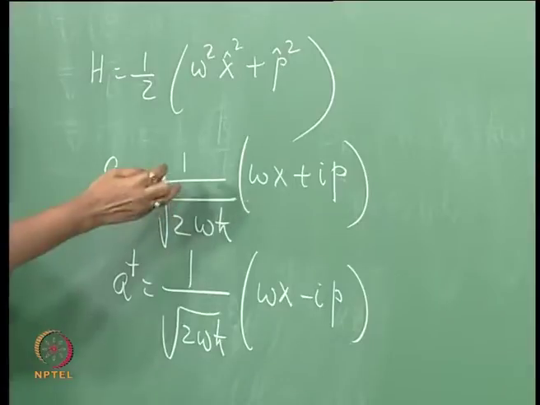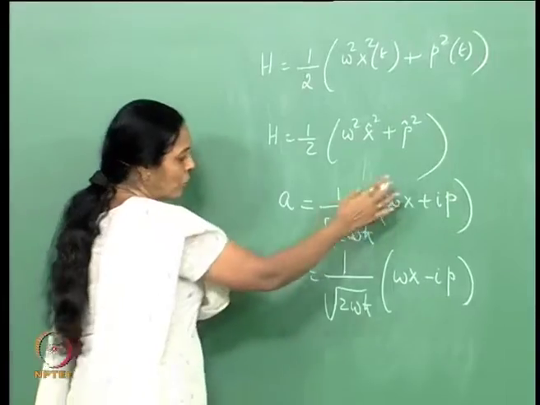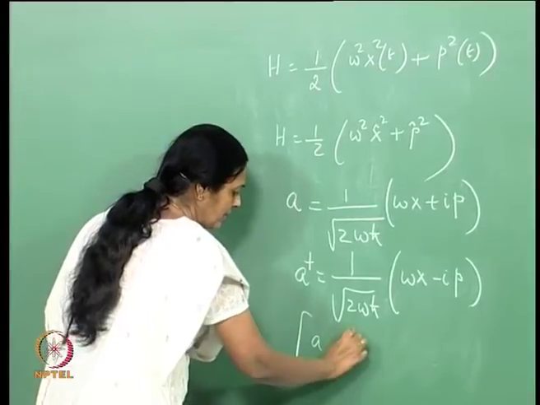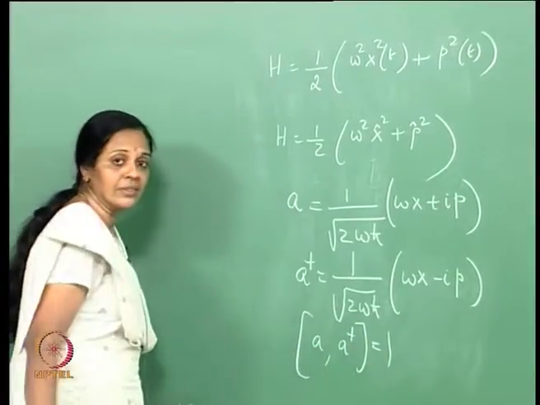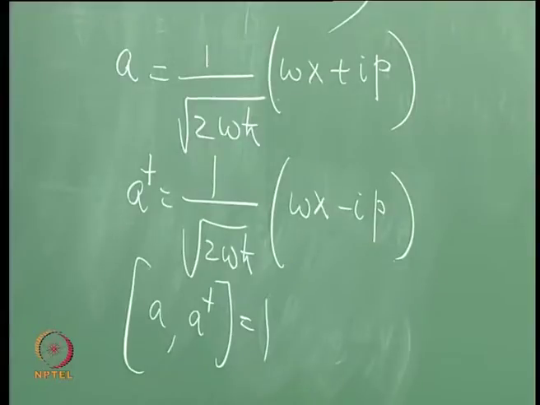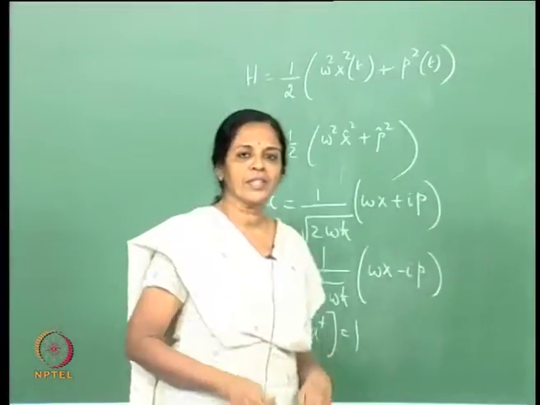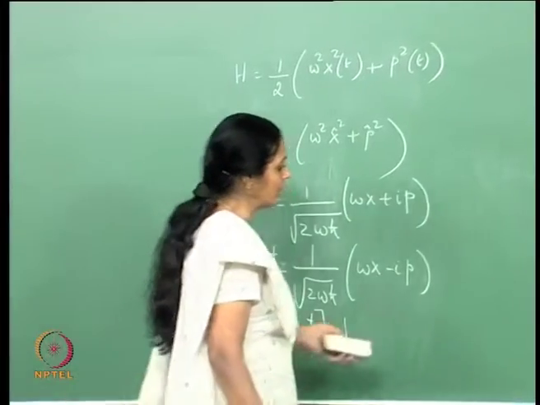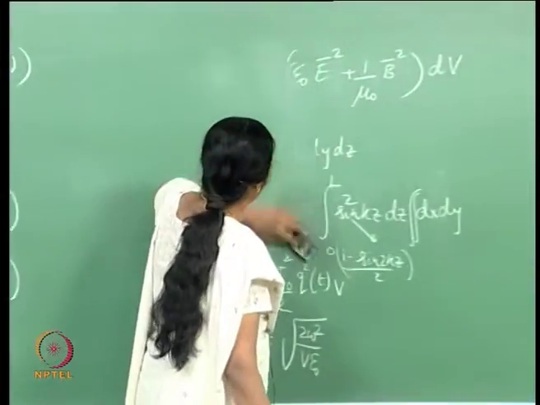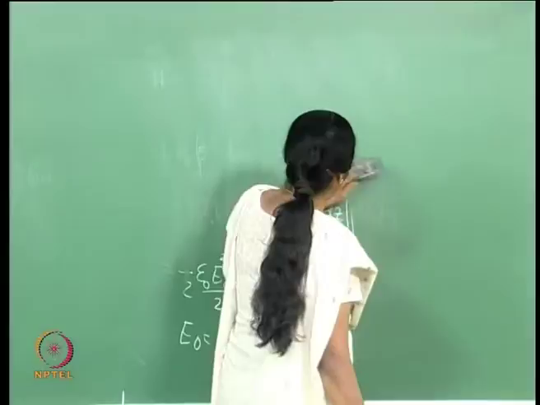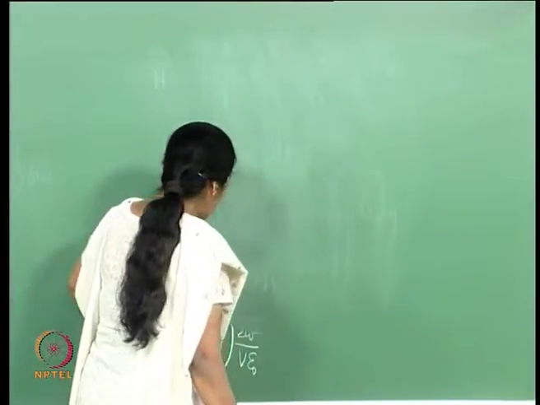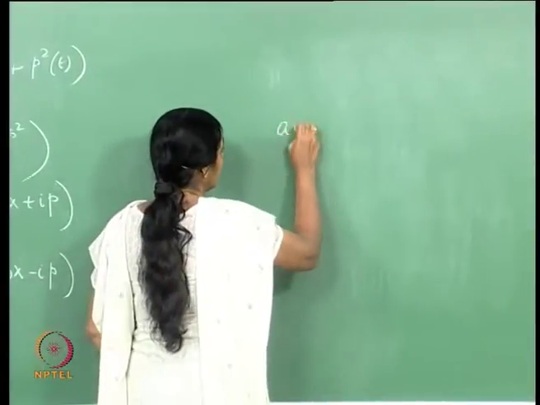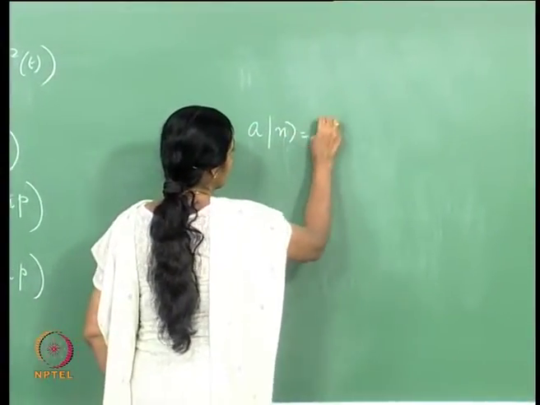So I have simply renamed things. I've gone from X and P to A and A dagger, and it is easy to check that A A dagger is the identity operator. Except that now I have to give an interpretation for A and A dagger, and that is rather easily done in this context, because as I pointed out in the case of the linear harmonic oscillator, A lowers levels.